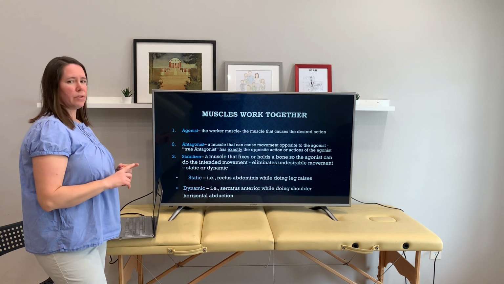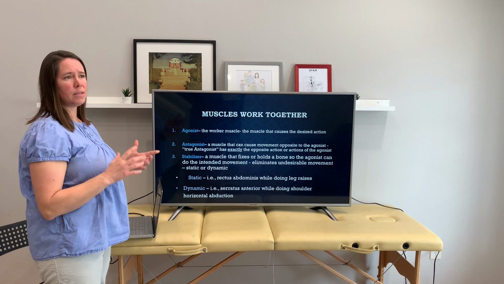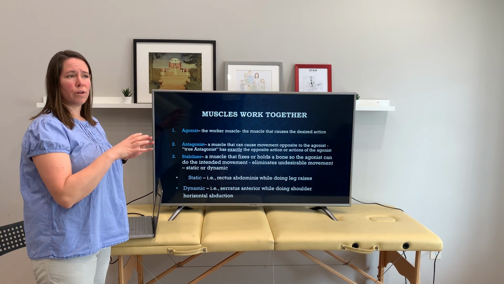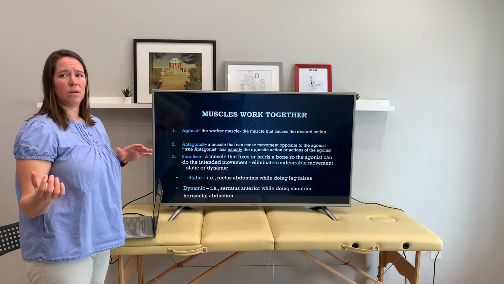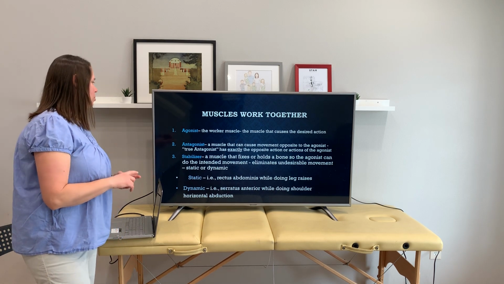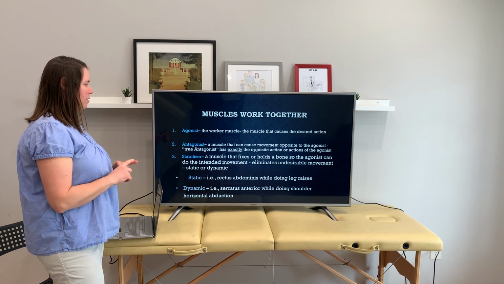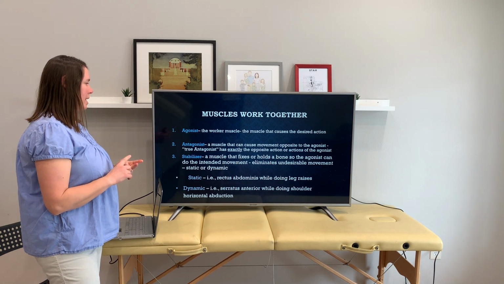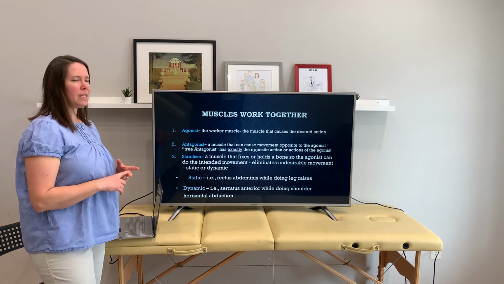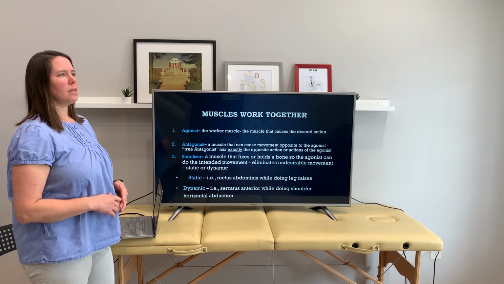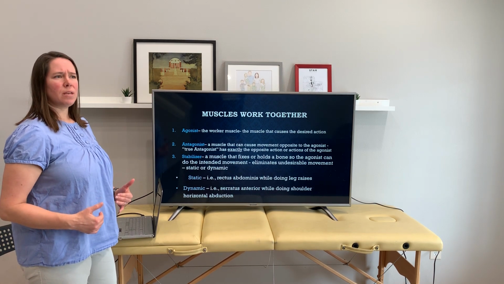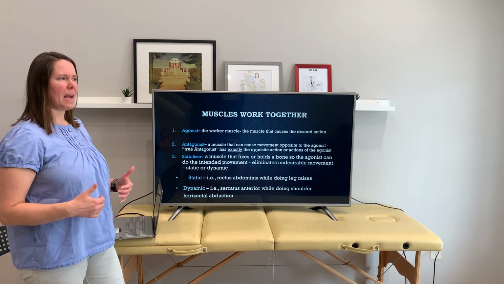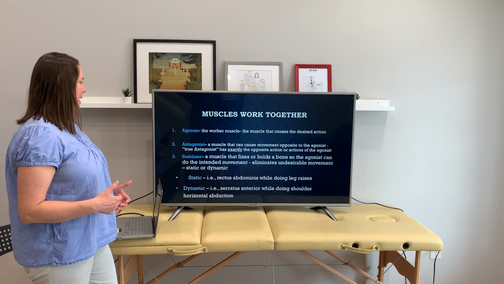So these are muscles that are basically stabilizing in order for another muscle to be able to do its job. You can have stabilizers that are functioning statically or dynamically. So statically, let's say I'm doing some leg raises, I'm contracting my abs, but nothing's really moving there.